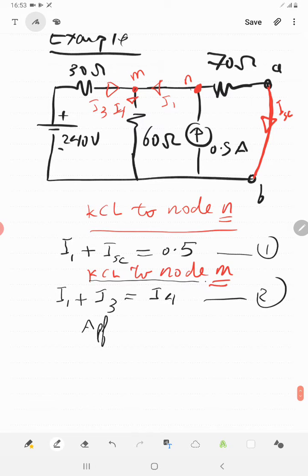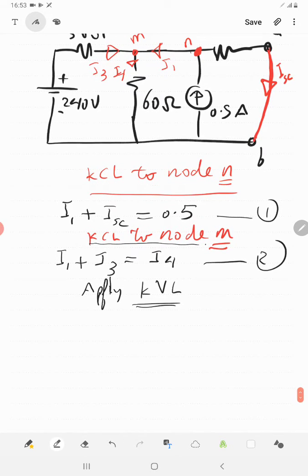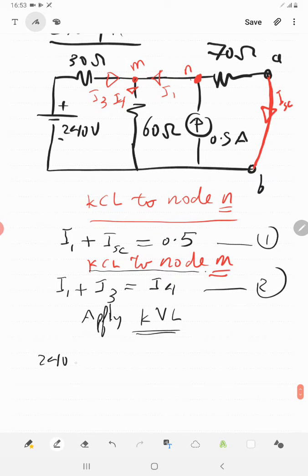We can say simply 240 minus 30 I3 is equal to 60 I4. So the voltage between this node and this node is 60 times I4.